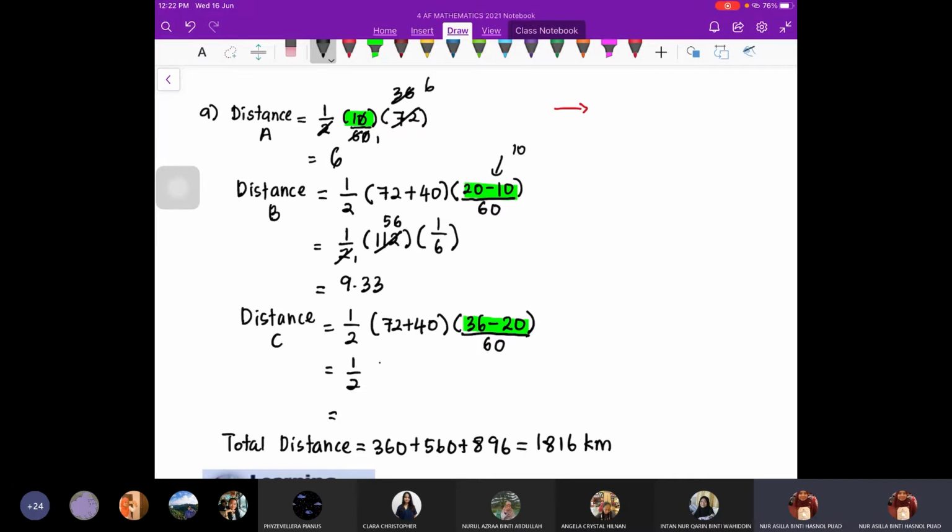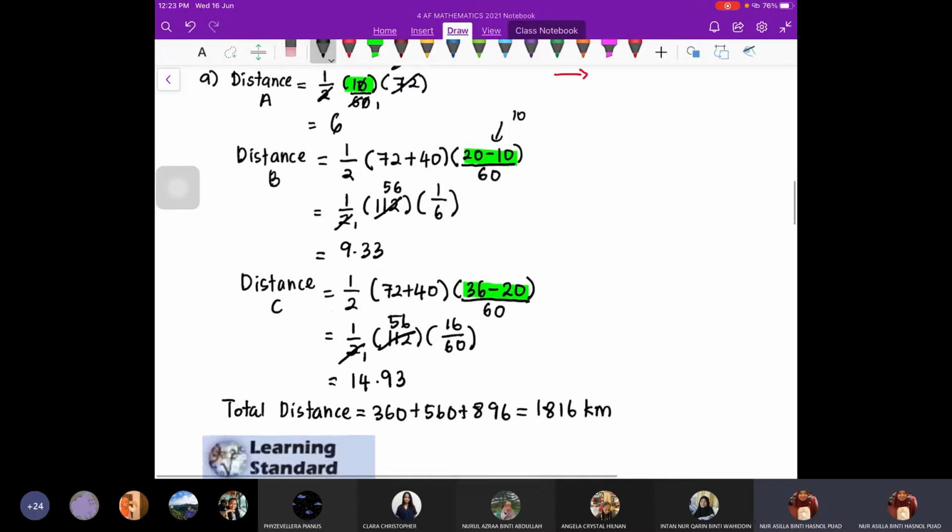Okay, 1/2 times 112 times 16/60. So 56 times 16 divided by 60, you will get 14.93.